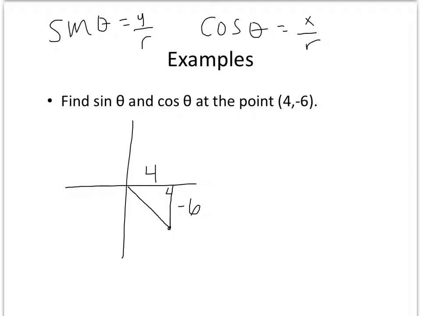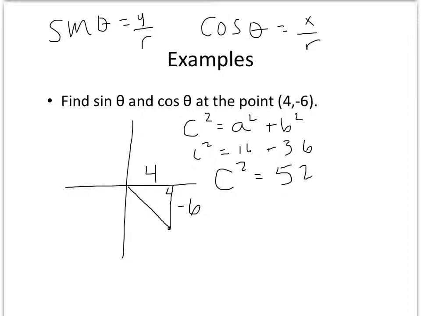If I go to solve that, we use the Pythagorean theorem, so c squared equals a squared plus b squared. That means c squared equals 16 plus 36. So in this case, c squared is 52. So the radius is root 52.